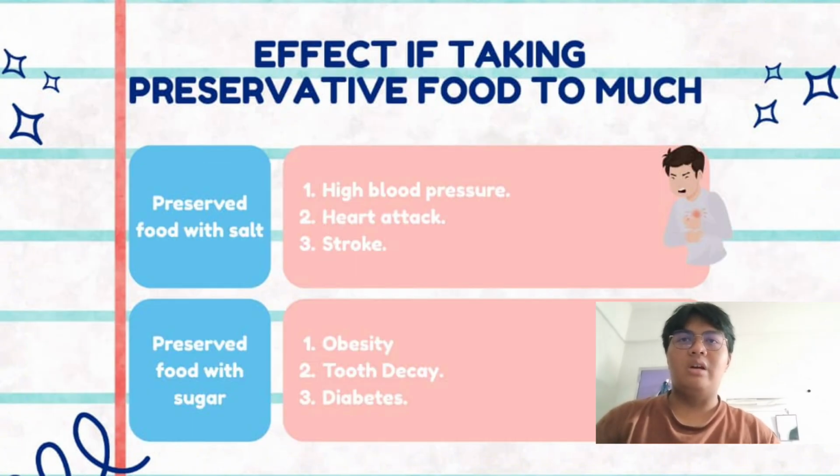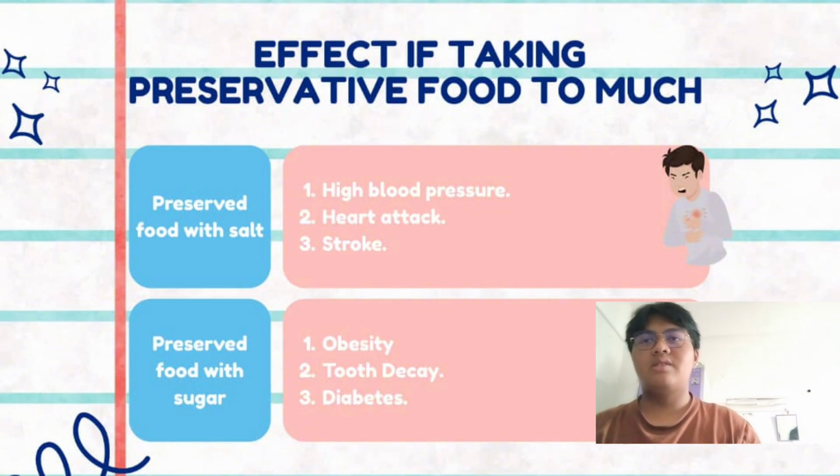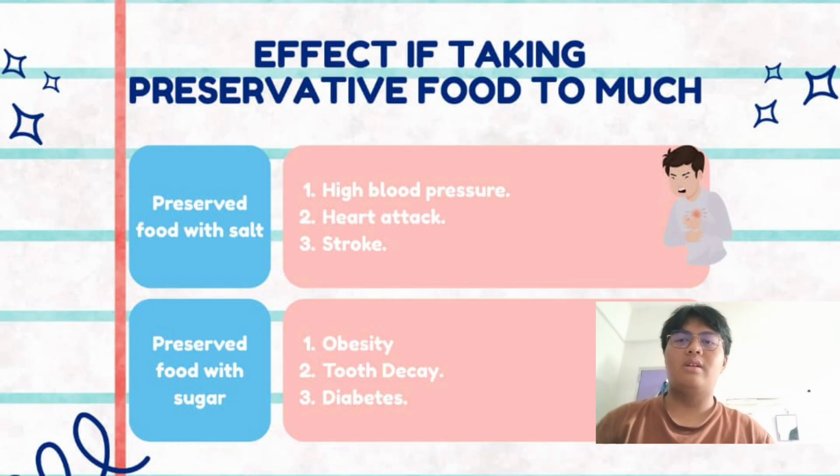Okay, we move to effects. Preservative is good for us, but if we take too much preservative food, it can harm us. First, preserved food with salt: if we take too much, we can have high blood pressure, second, heart attack, and third, stroke.